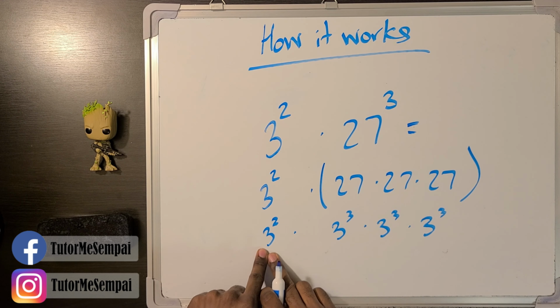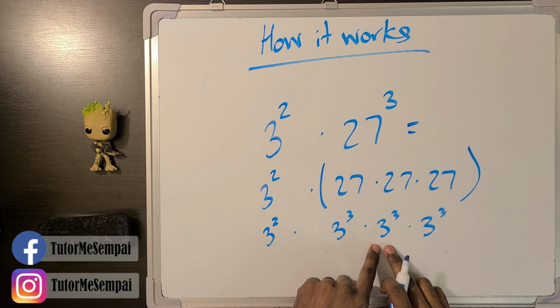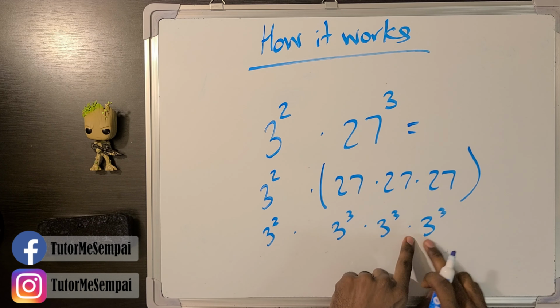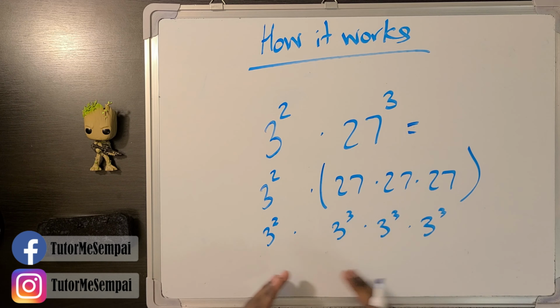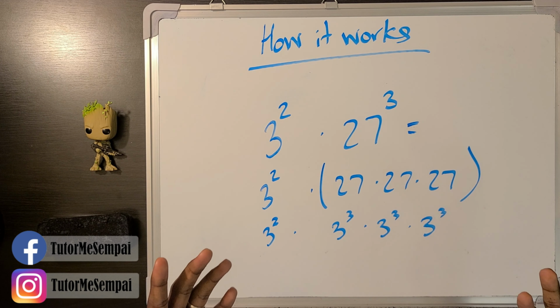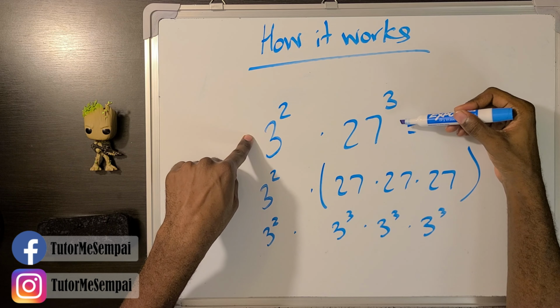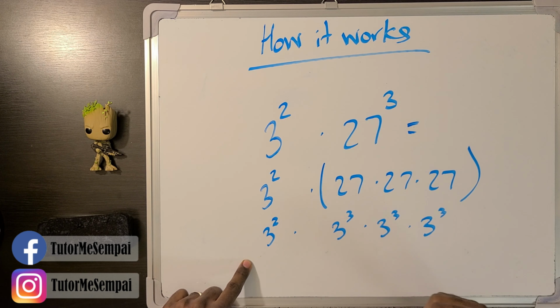We have a 3 squared times a 3 cubed times a 3 cubed times a 3 cubed. All of these are the same base. So if all of these are the same base, we have essentially done our first step. We have made them into the same bases. Now we can move on to that next step of adding across the top.